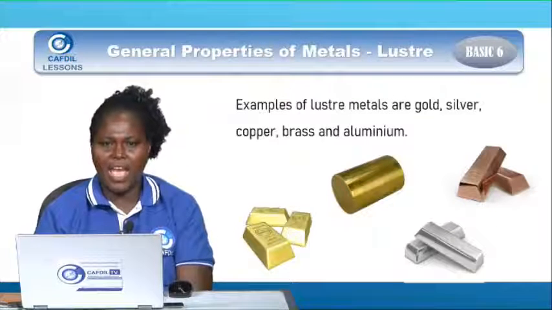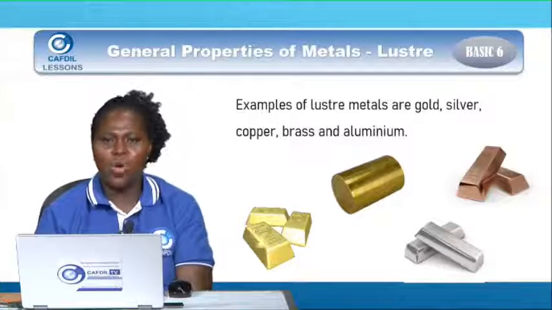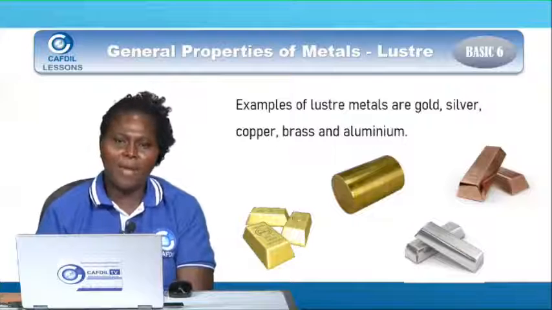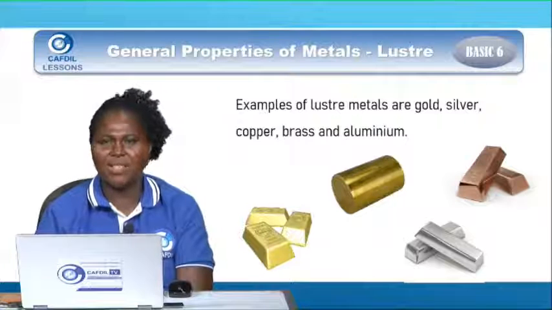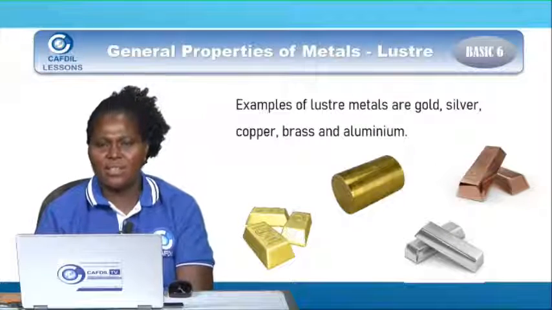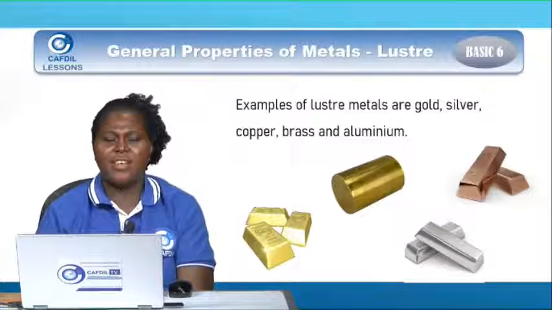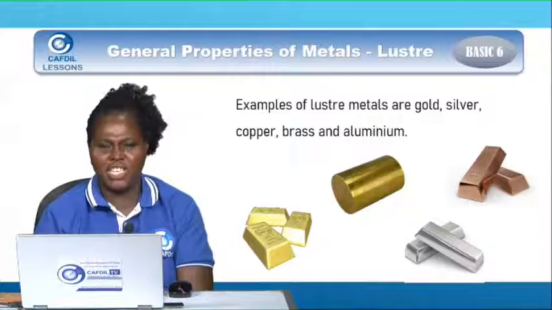Examples of lustre metals are gold, silver, copper, brass, and aluminium. These metals are shiny in nature.